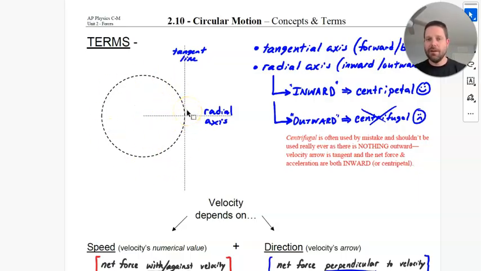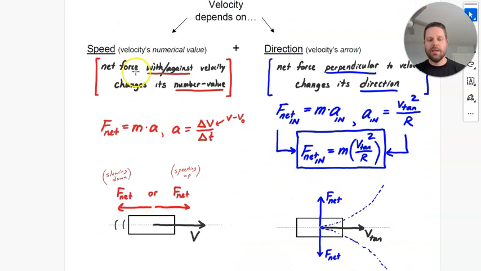Of particular interest, any point or mass that's moving in a circle would have to have a centripetal acceleration. If it's speeding up or slowing down, it would have, in addition to a centripetal one, a tangential acceleration. Okay, so pointing out those, a net force or acceleration with or against the velocity along a tangent line would create speeding up or slowing down. If a mass or a point is moving along a circular path, it has to have a net force or acceleration inward because it's changing direction.